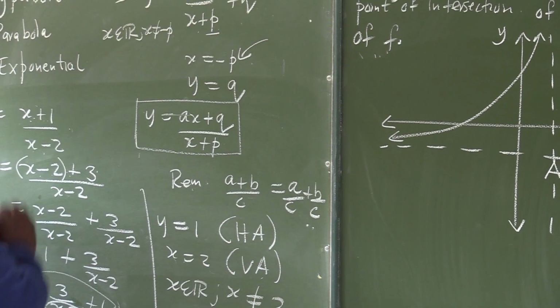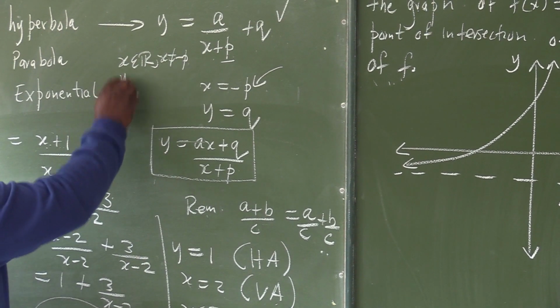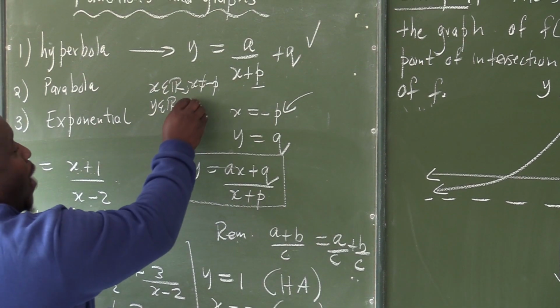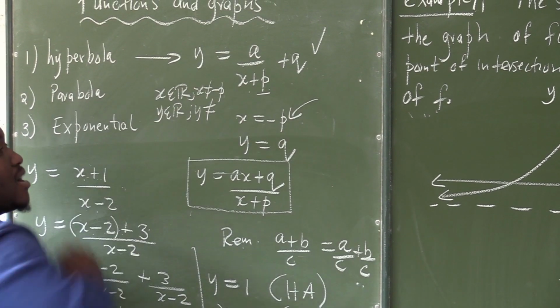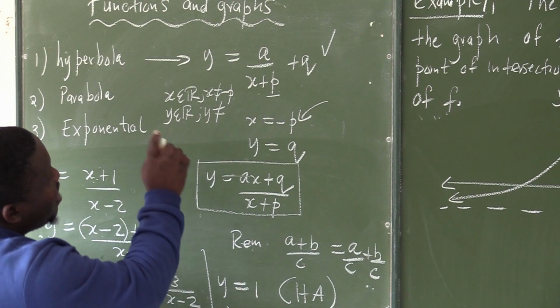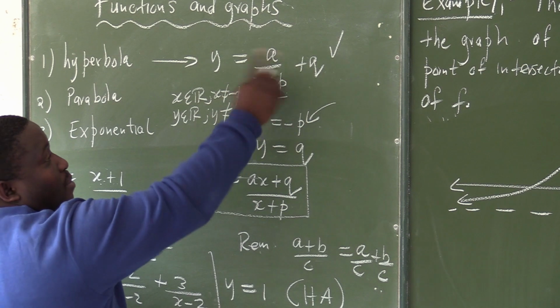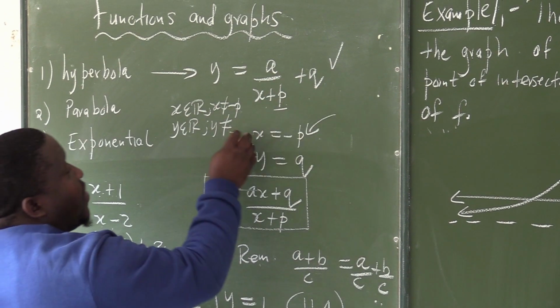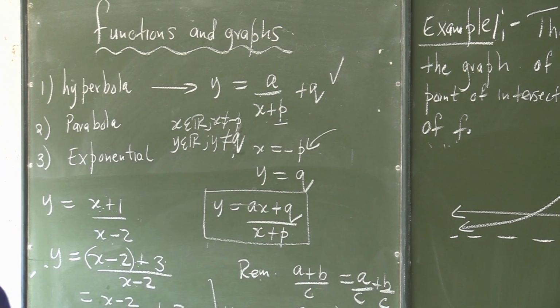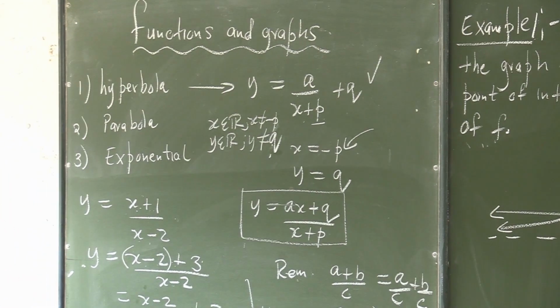Let's go back to this one. My range will say y is an element of real numbers, but y may not be equal to the horizontal asymptote. Now, what is my horizontal asymptote in the standard form in this graph? It's q. Therefore, y cannot be equal to q in this case. Now, let us go down here now, Cecilia.